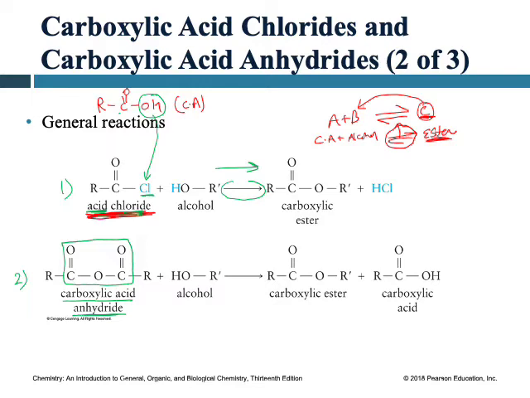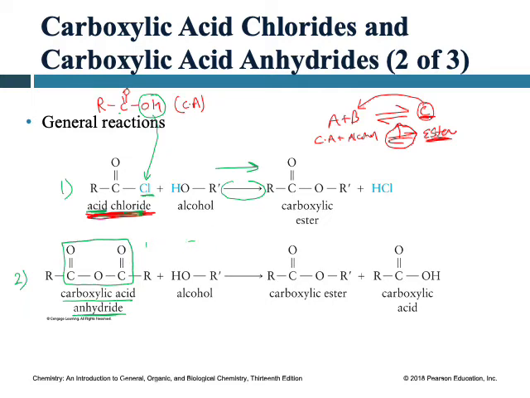If you compare it with the carboxylic acid, I can remove this H from the carboxylic acid and put one more carbonyl group instead of H. So that's why this is your anhydride, right? We are going to use these two compounds, acid chloride and acid anhydride, to make more carboxylic ester. So we'll see how this reaction works.